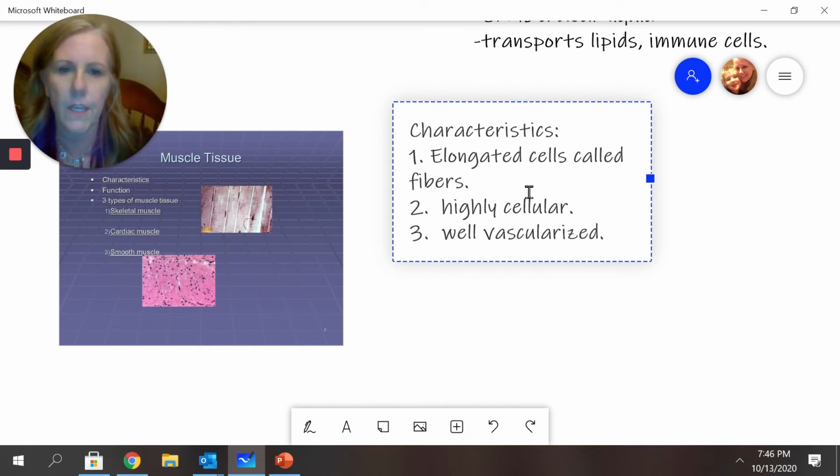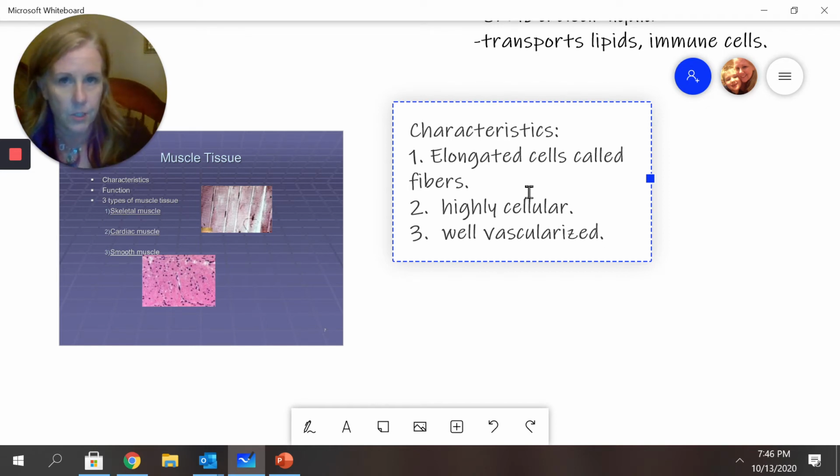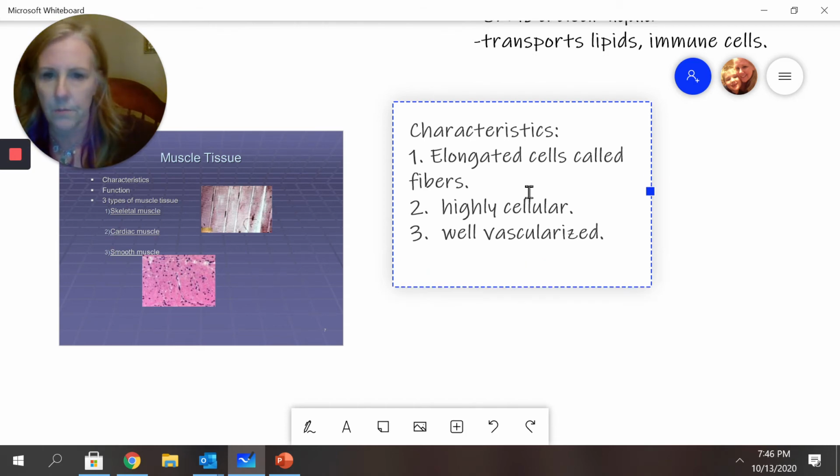Another characteristic, it is well vascularized. We talked about what vascularized means, and that means it has lots of blood vessels in that tissue.